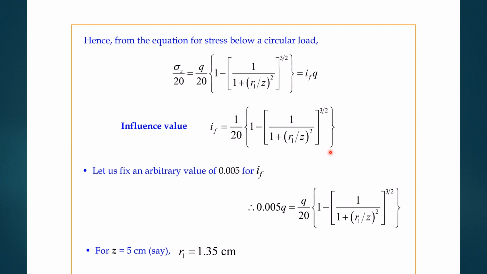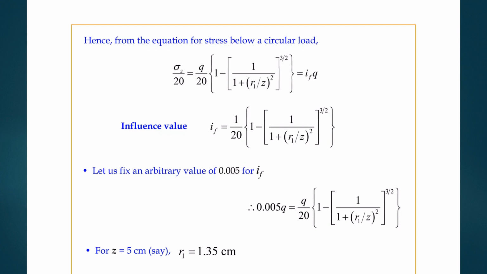Now we have to fix the arbitrary value, which as we have already considered is 0.005. So 0.005 q will be equal to q by 20 times 1 minus 1 over 1 plus (r1 by z) whole squared, all to the power 3 by 2.